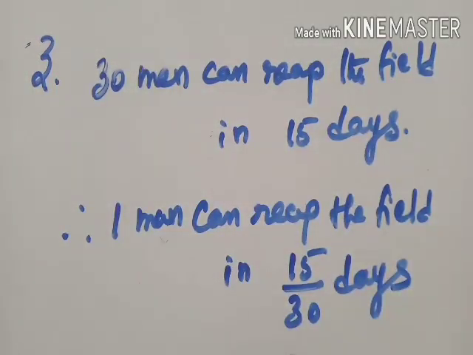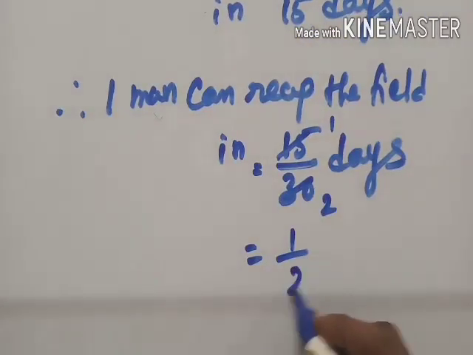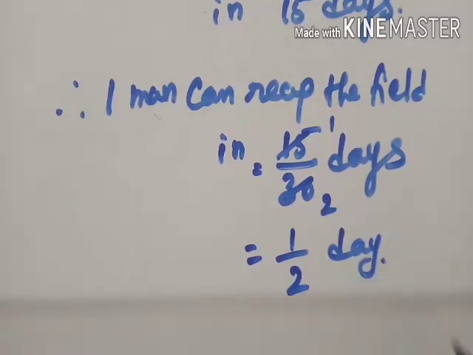Now, for one man to do that work means 15 divided by 30. Doing this cancellation, what will happen? 1 15 is 15, 2 15s are 30. So, that is half a day. That is 1 by 2 day. That is half day, right?